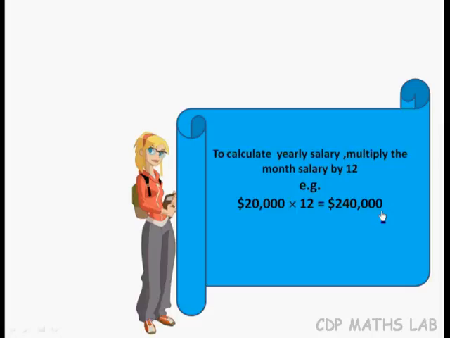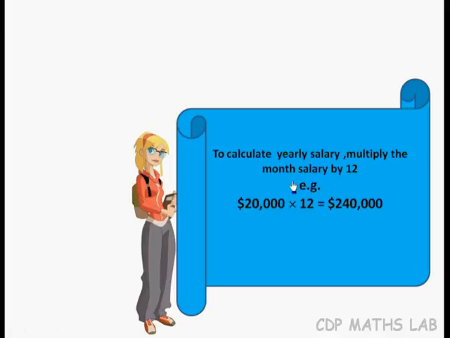Now note, 12 months make 1 year. So if she was working for 2 months, she'd get how many? 40,000. If she was working for three, she'd get how many? 60,000. So if you add this 12 times, then you'll get $240,000. As simple as that. So that is how you calculate yearly salary.